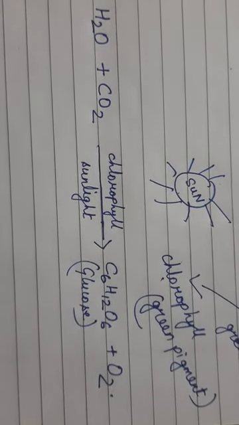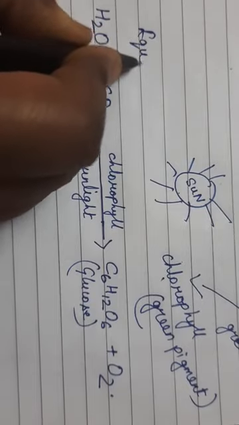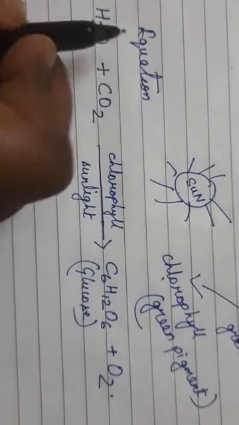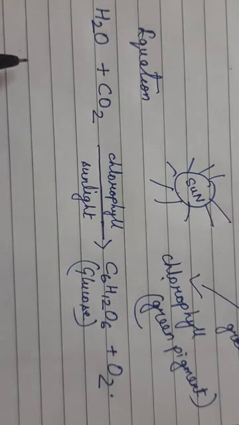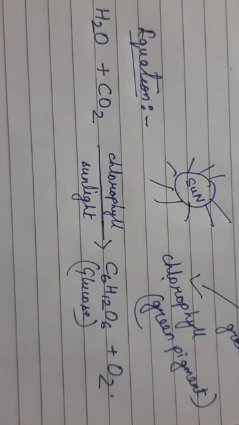So this is the equation which is used to represent the process of photosynthesis. Clear, children? So what happens in the process of photosynthesis?